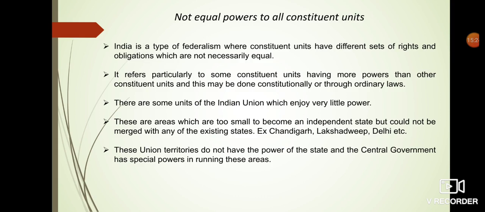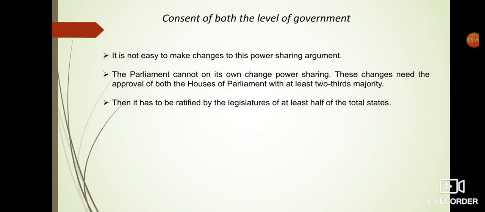These are the various union territories, and they do not have the power of a state, and the central government has special power in running these areas. So these union territories are controlled by whom? By the central government.